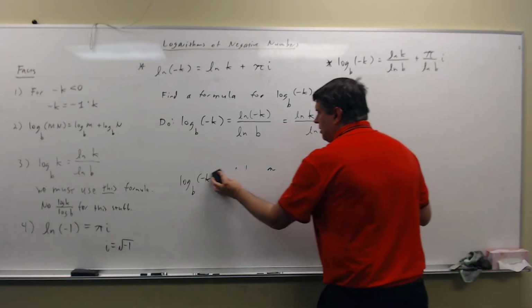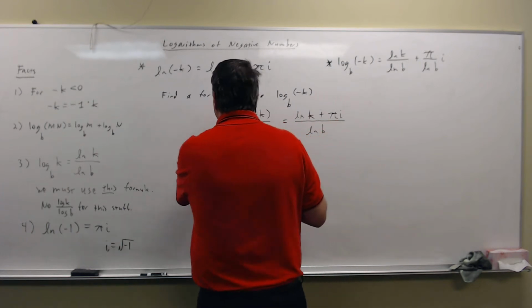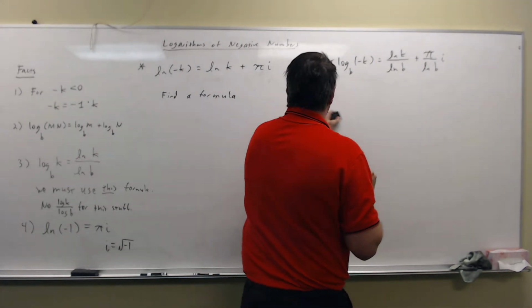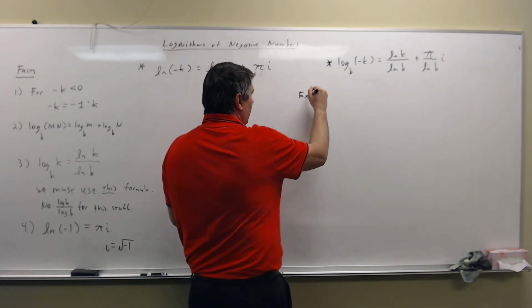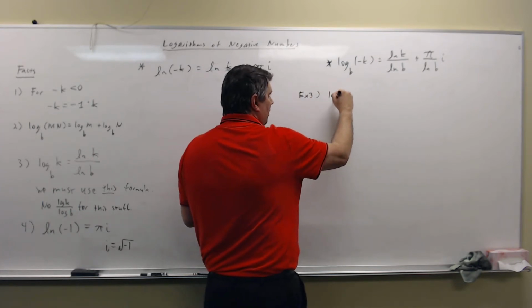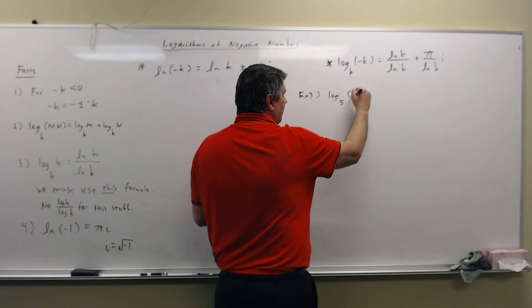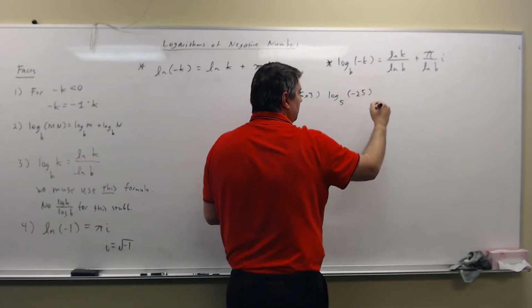All right, so here's example 3. Example 3, log base 5 of negative 25.